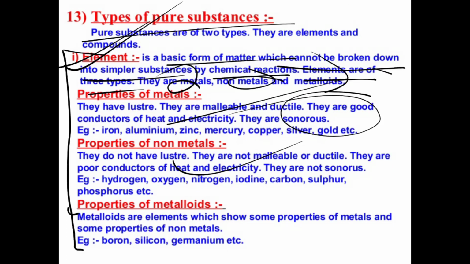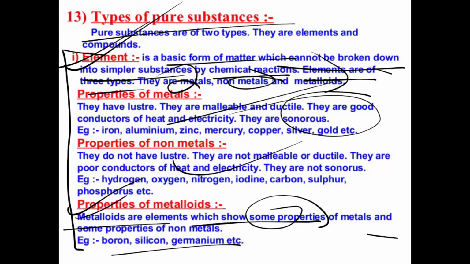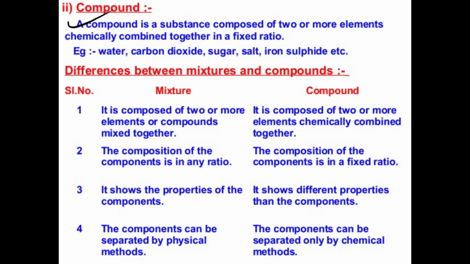Fine. Then metalloids are elements which show some properties of metals and some properties of non-metals. Examples: boron, silicon, right? Means we can say that metalloids are a mixture of metal and non-metal properties, right?